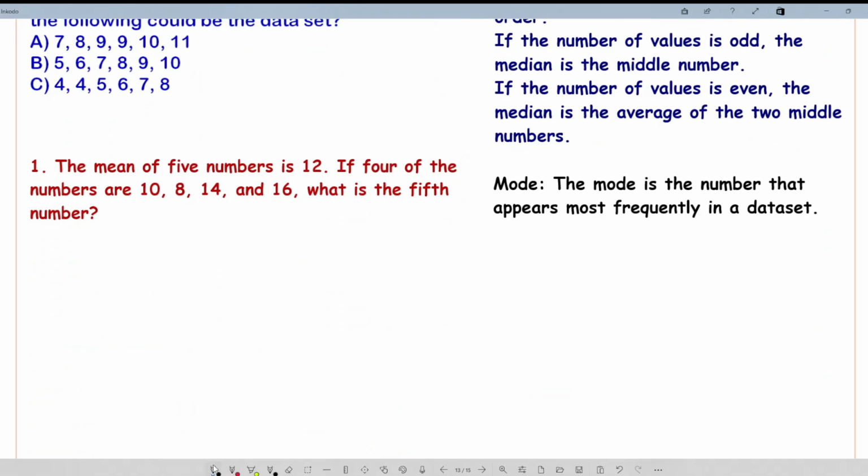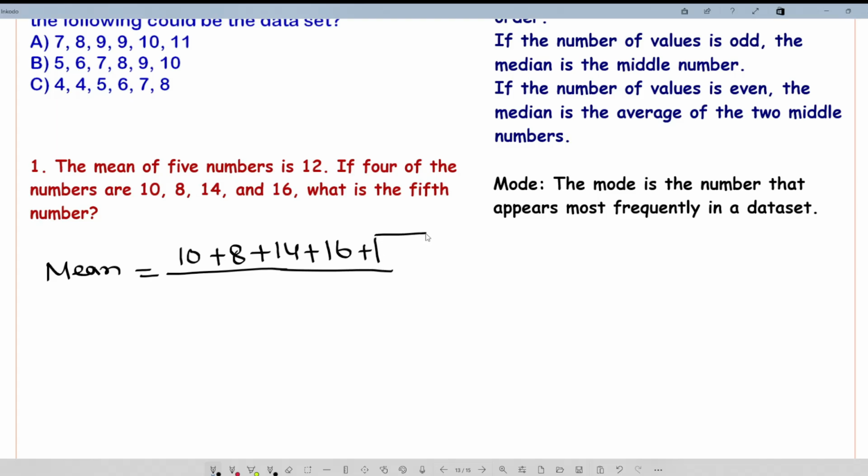Look, in this case we can write mean equals all the numbers. It means 10 plus 8 plus 14 plus 16, but we don't know the fifth number, but we have to divide this by 5.